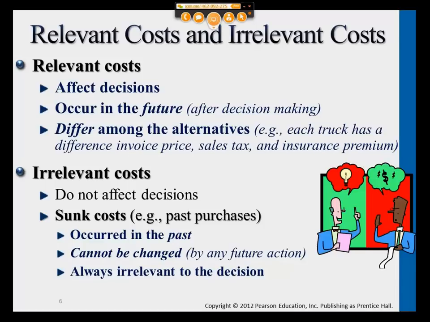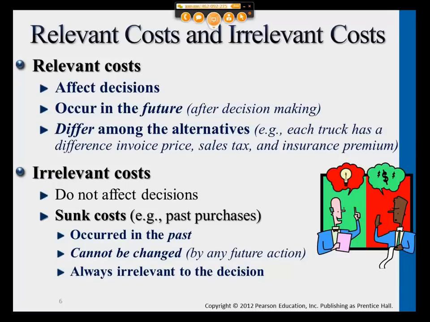So what would be irrelevant costs? They're not going to affect the decision that we're about to make, right? They are our sunk costs. Sunk costs are the ones that are not going to affect my decision right now. An example of a sunk cost is my past purchases.